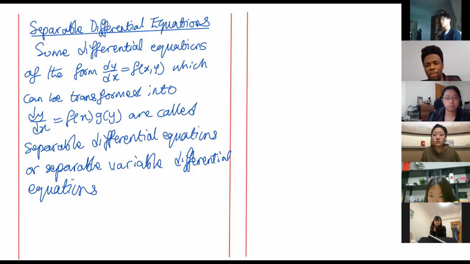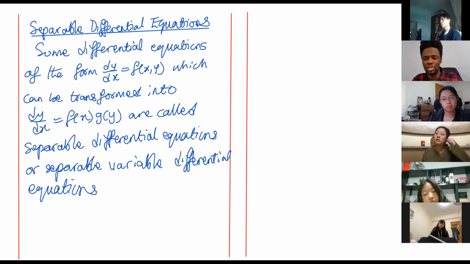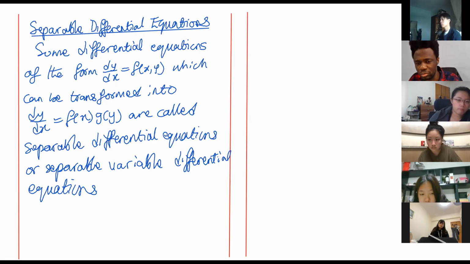Such that one part of it is a function of x, implicit function of x. One part of it is an implicit function of y. If you can do that, if you can separate the variable, that's where the name comes from. If you can separate the variables into x and y, but they are binded with multiplication, not addition now, then you are dealing with a separable differential equation.